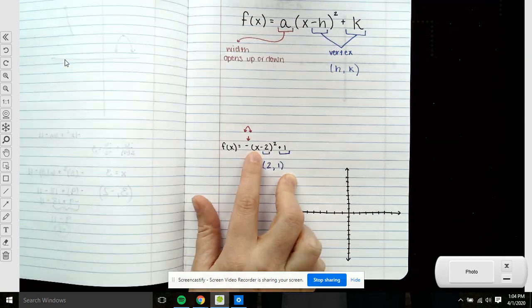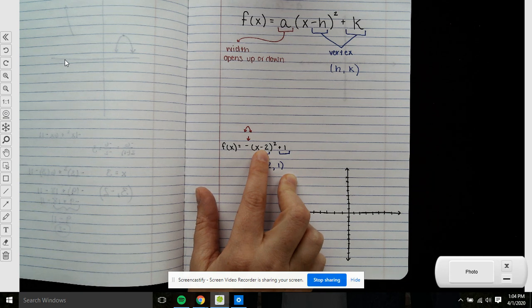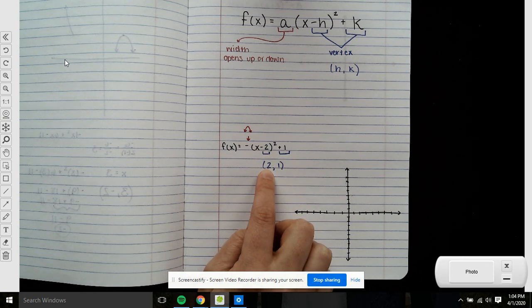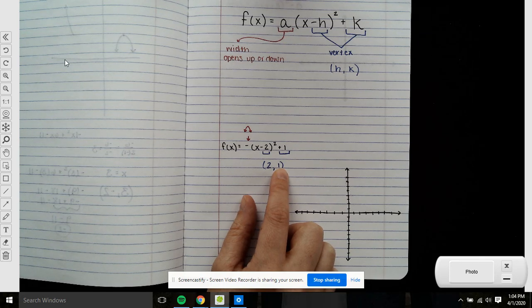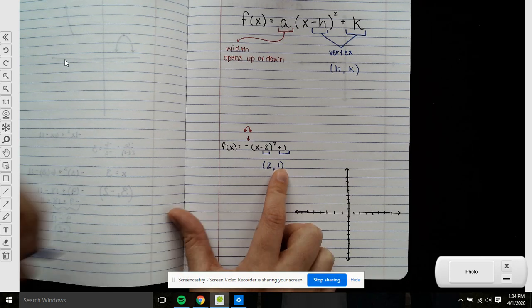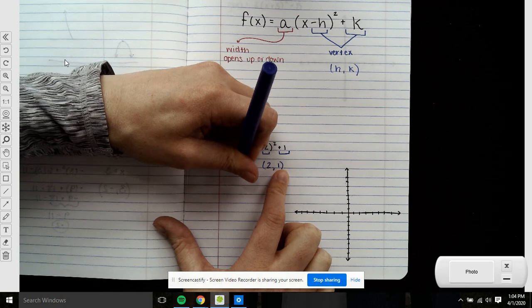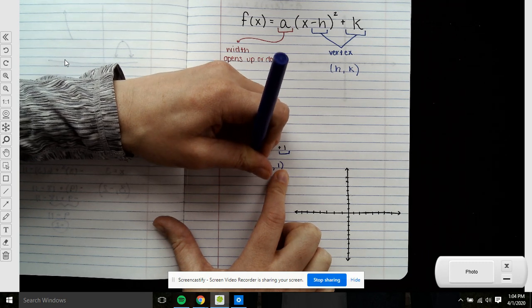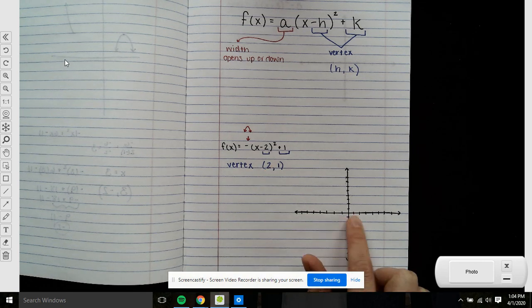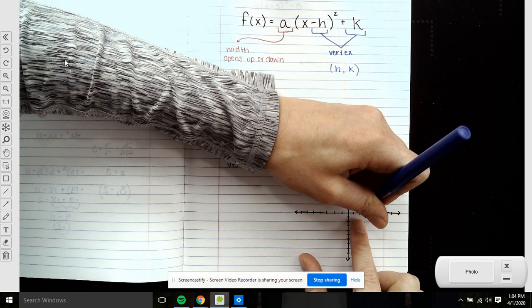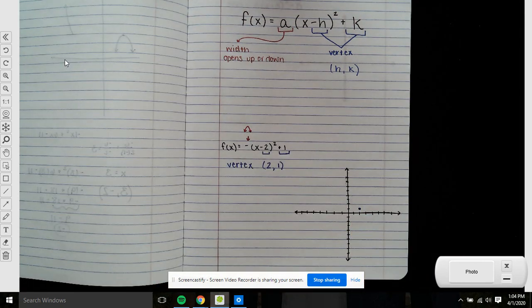Notice it says X minus 2. So I know that the X value is going to be 2, plus 1 gives me my Y value of the vertex, which is +1. So this here is my vertex. That is the first point that I can plot on my graph. So 2, 1. There we go.